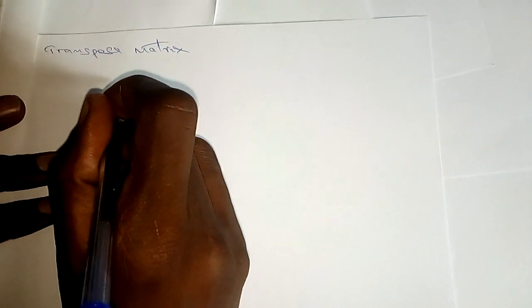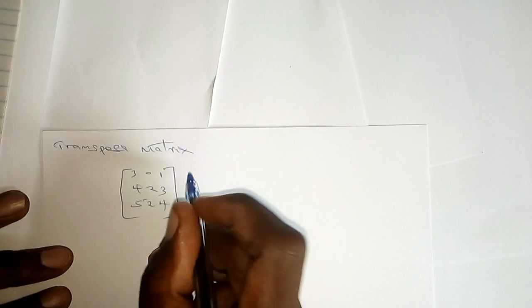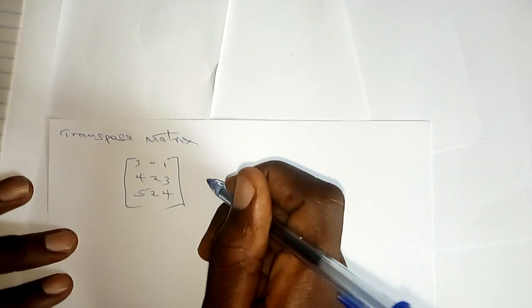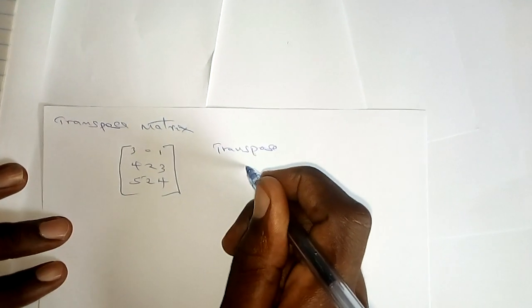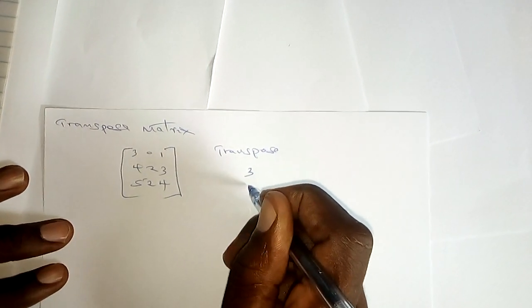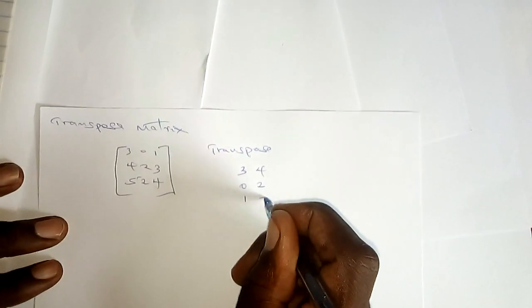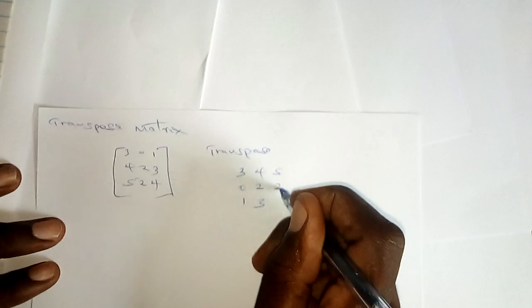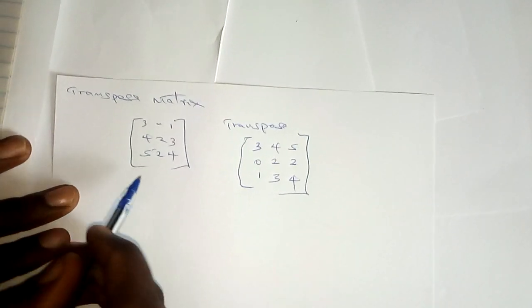For example, given the matrix 3, 0, 1, 4, 2, 3, 5, 2, 4, you want to get a transpose of that matrix. A transpose of that matrix will be 3, 0, 1, 4, 2, 3, 5, 2, 4. That will be now the transpose of the initial matrix.